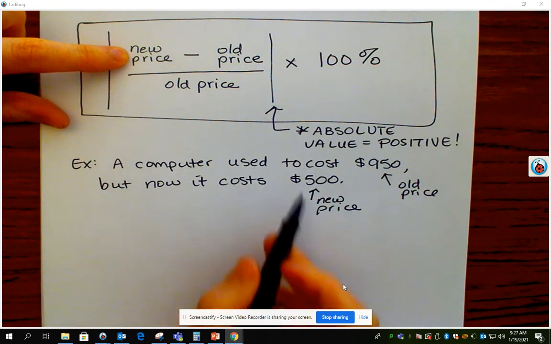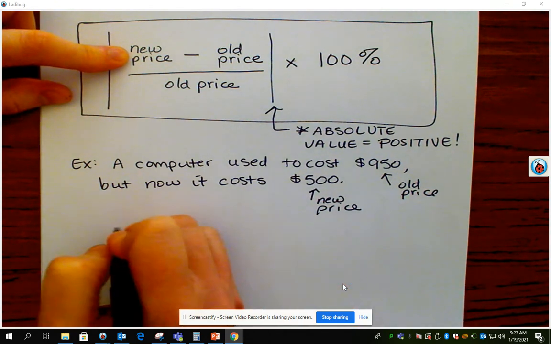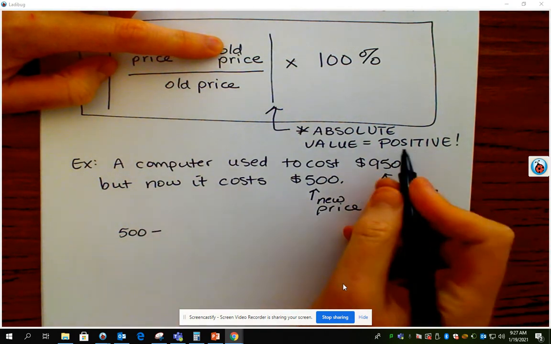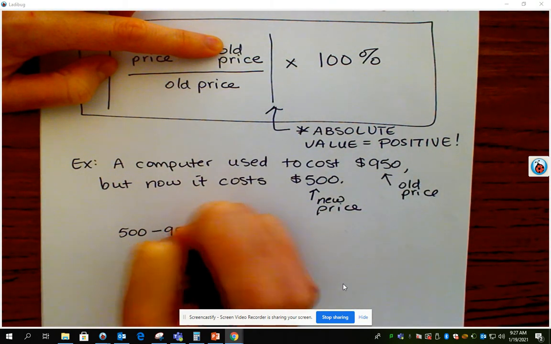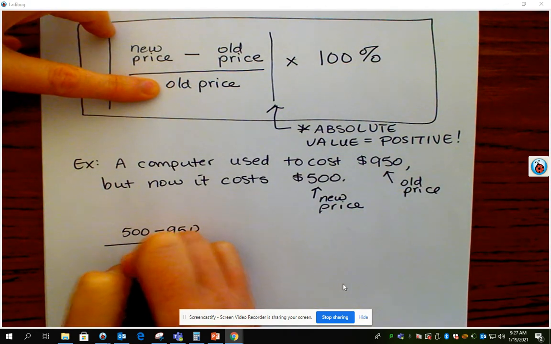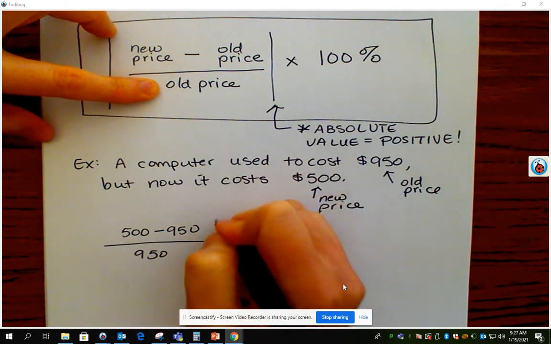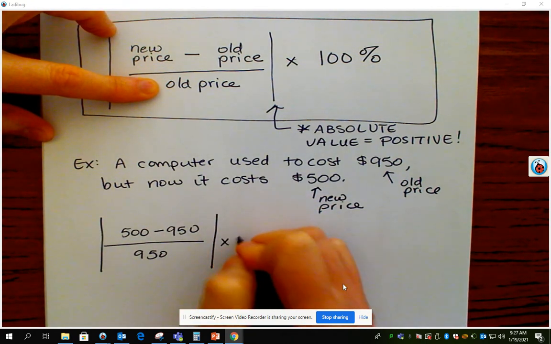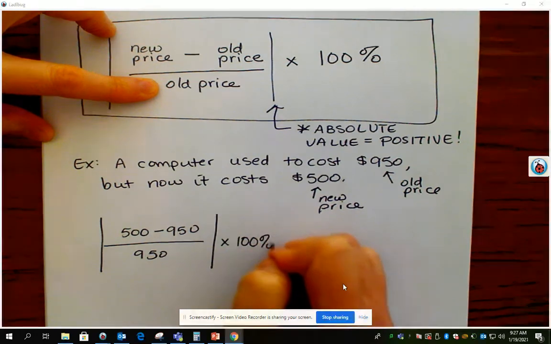So new price is $500 minus old price, which was $950, divided by old price, which was $950. Whatever that is, we're going to take the absolute value of it, make it positive, and multiply times 100%.